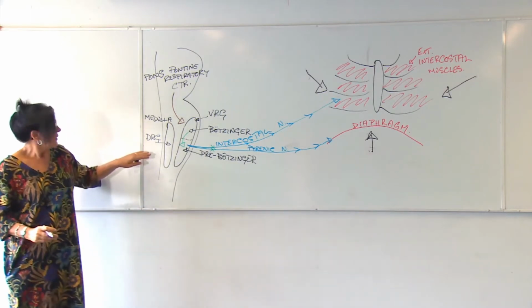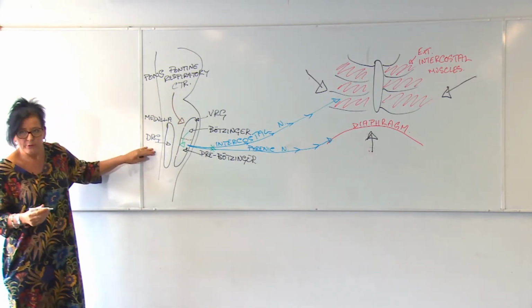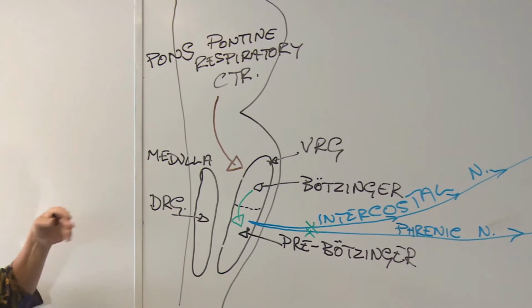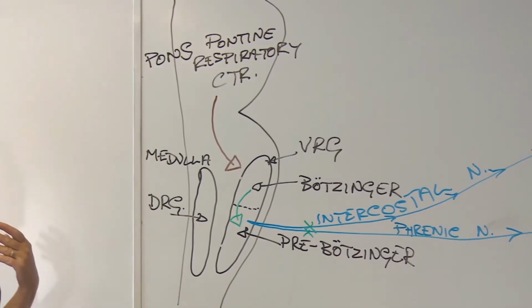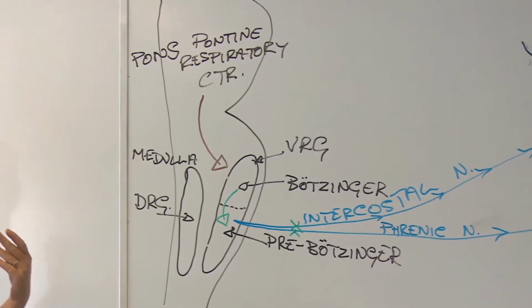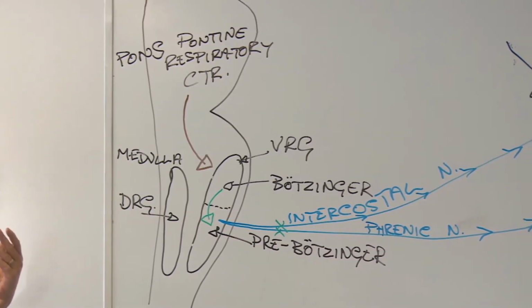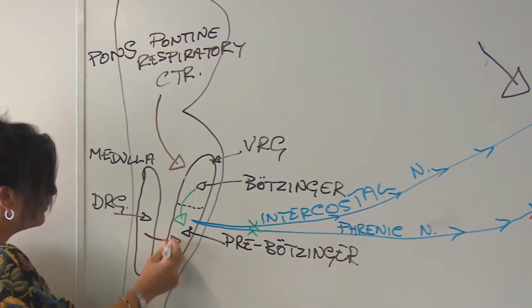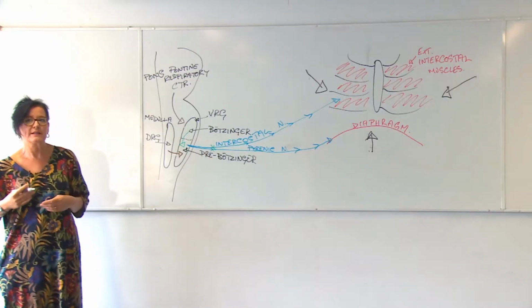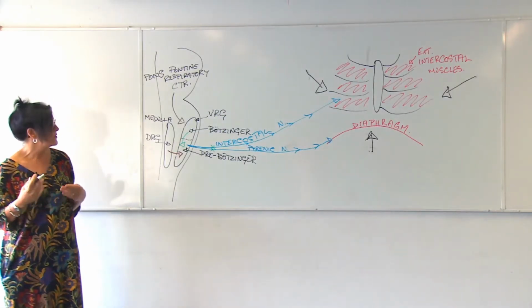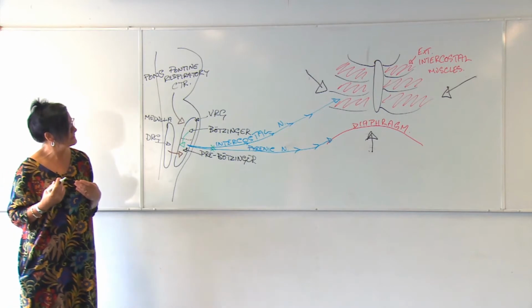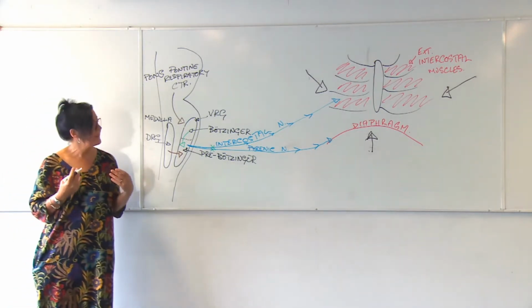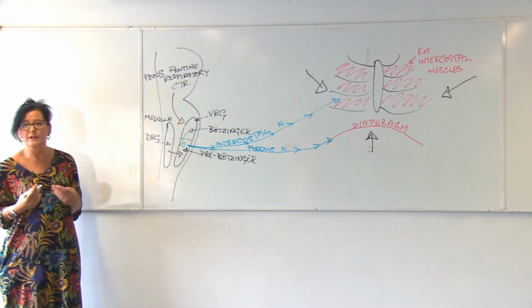The dorsal respiratory group takes in all the information about what's happening with blood gases, and we'll talk more about that in part 3. And it also modulates what's happening with rate and rhythm to adjust the blood gases. And that's the neural control of respiration.